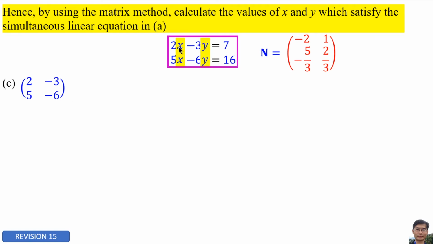Then [x, y] as this matrix equals 7 and 16, like this matrix. Then we need to find x and y. Hence, we need to find the inverse matrix of this matrix. The inverse matrix of this matrix is N.